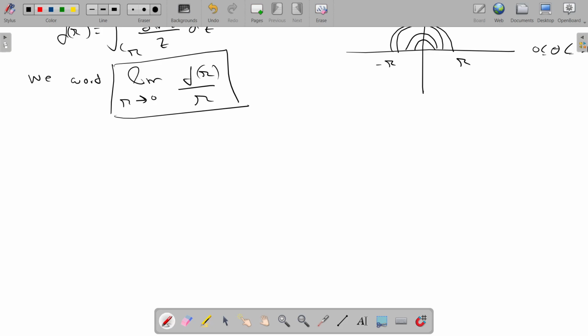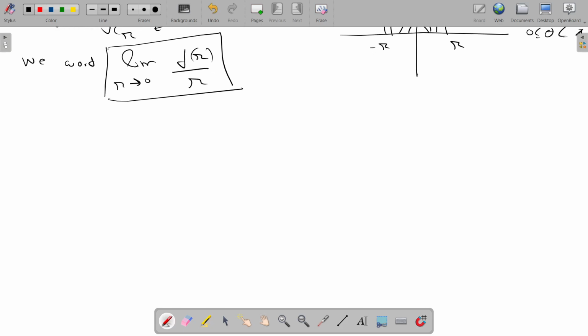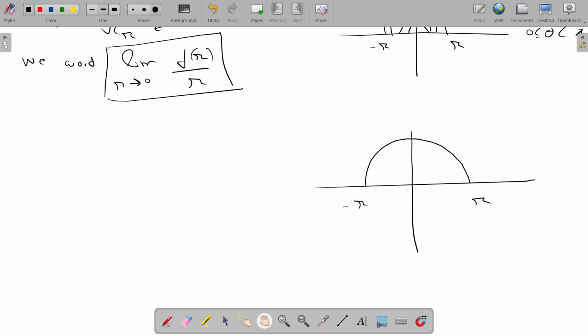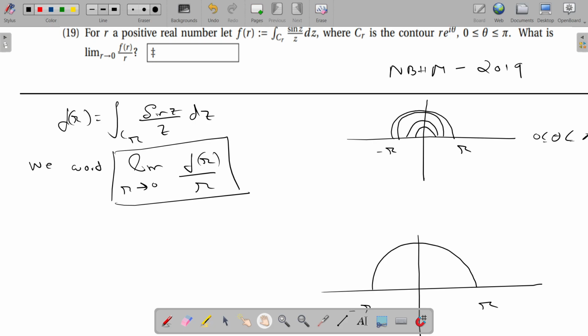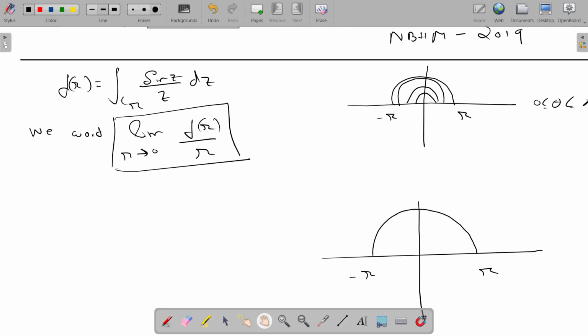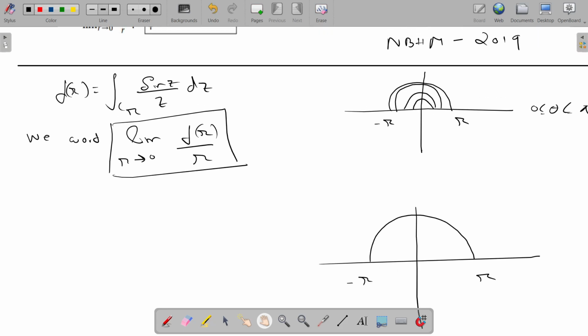Now, how to approach this? Let me draw the diagram again. This is our semicircle, this is minus r. Our main job is to find f of r, which is the integral over C_R of sin z by z.